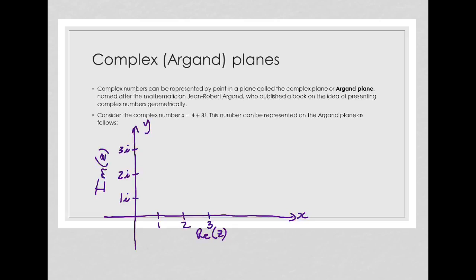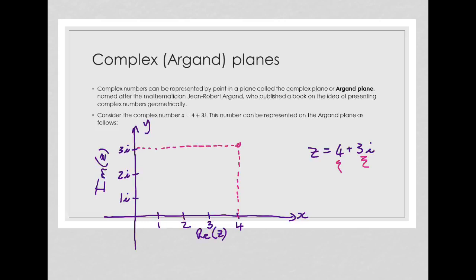So in this case, where we have z equal to 4 plus 3i, on the real axis we have 4, and then on the imaginary part we have 3.